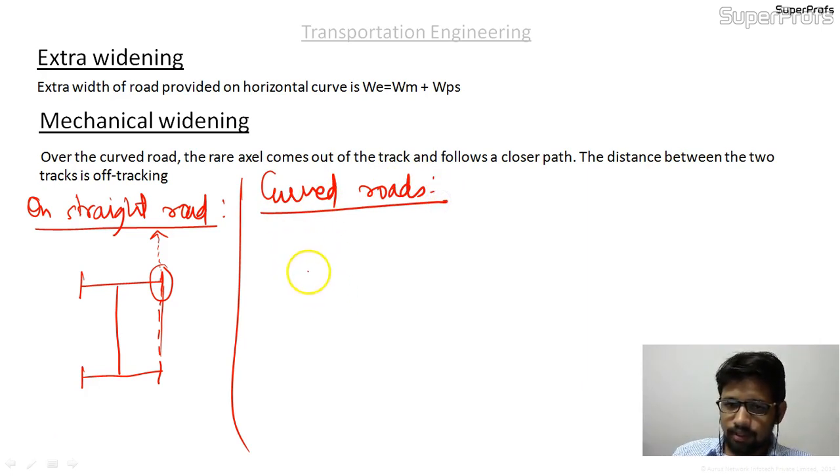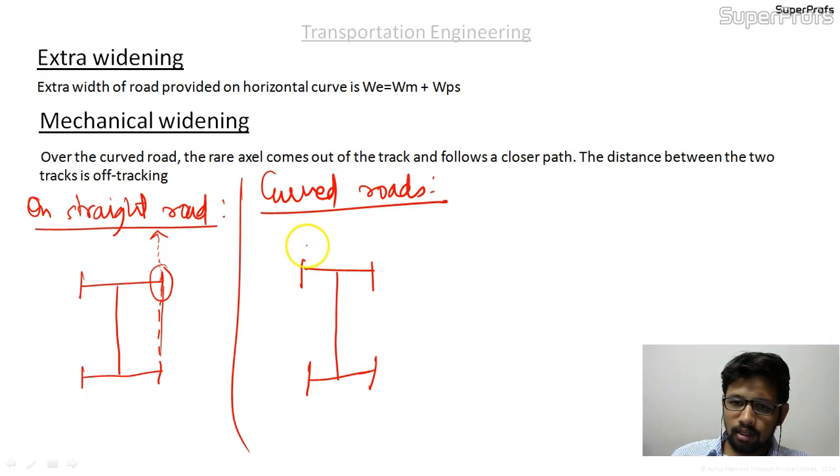But in case of curved roads, suppose this is the vehicle, front axle and rear axle, these are the wheels. The front axle is turned like this, and the front wheel follows this trajectory.